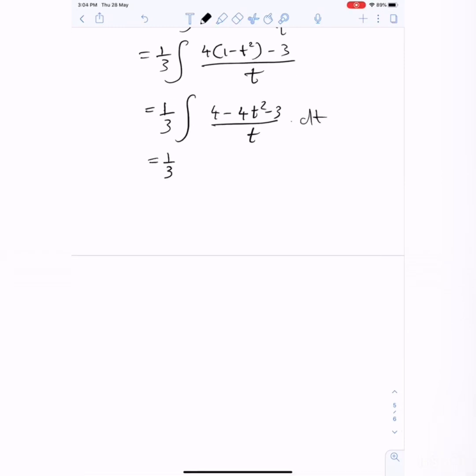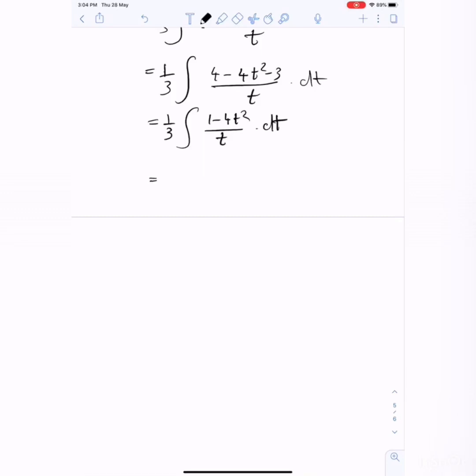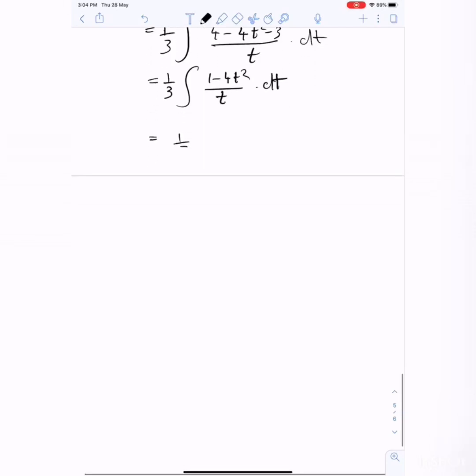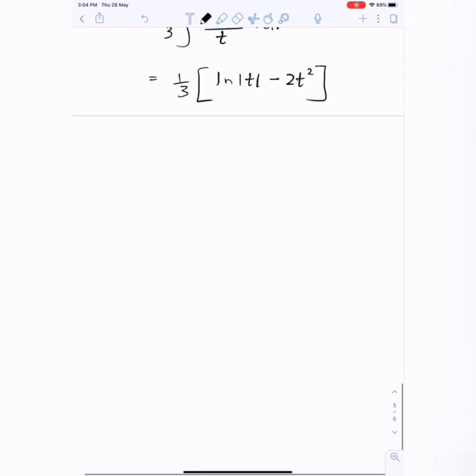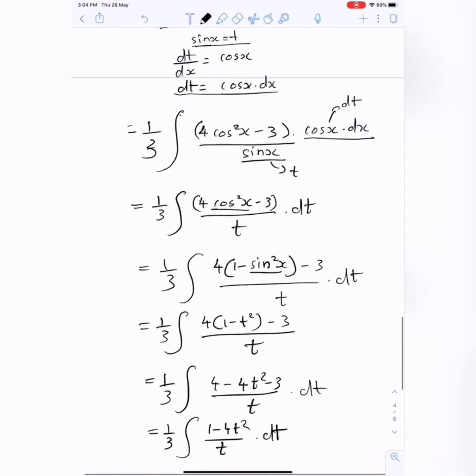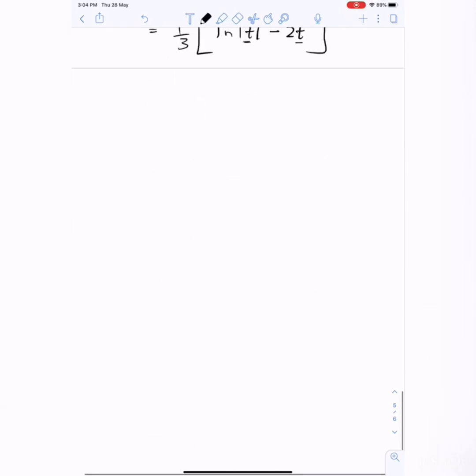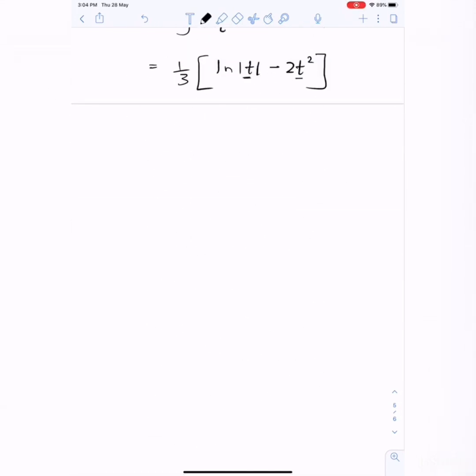This would be 1 by 3 integral of 1 minus 4t square over t dt. After solving this, you would end up with 1 by 3 ln mod of t minus 2t square. Here t is nothing but sine x, so I can substitute t with sine x.